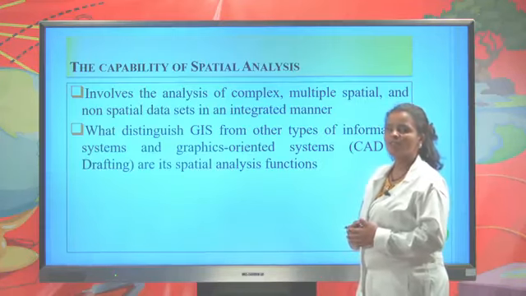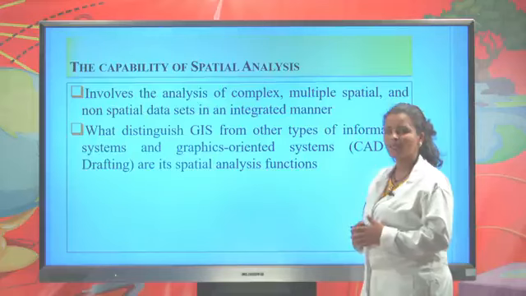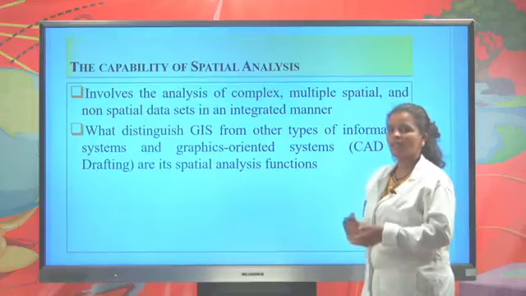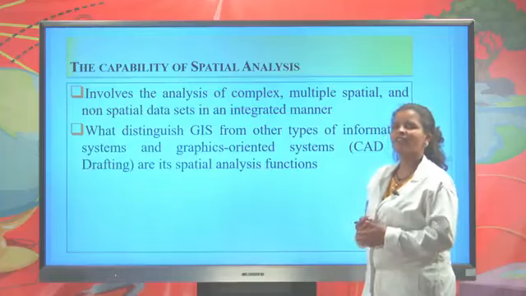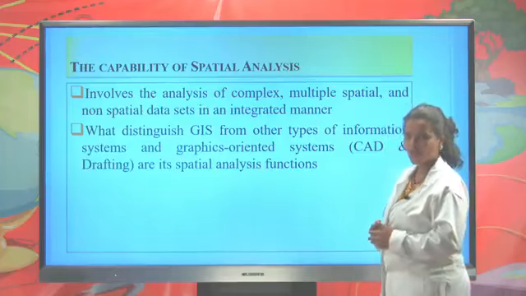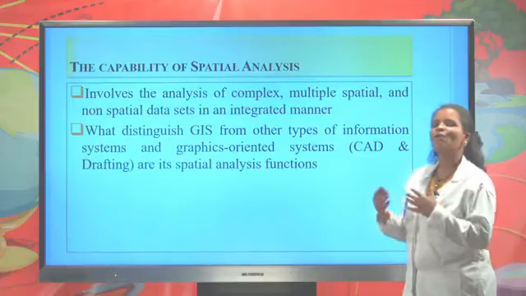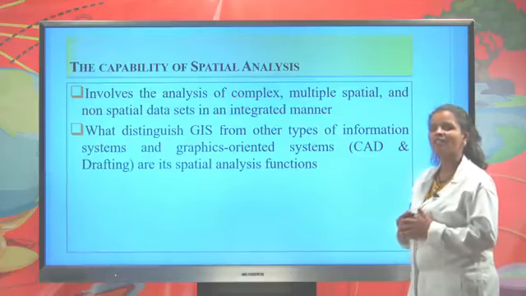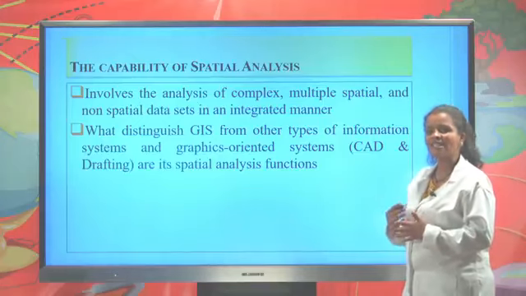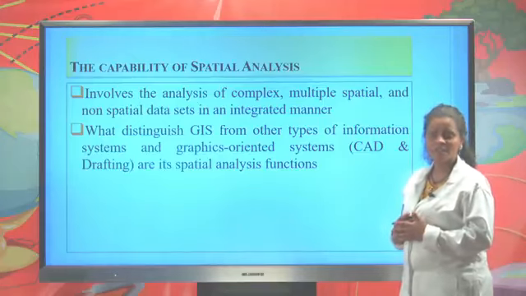So GIS involves the analysis of complex, multiple spatial and non-spatial data sets in an integrated manner. What distinguishes GIS from other types of information systems and graphic-oriented systems is its spatial analysis function.